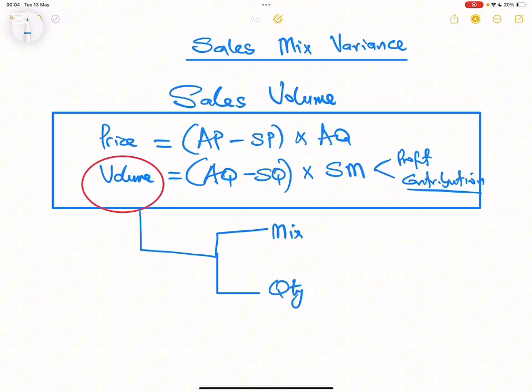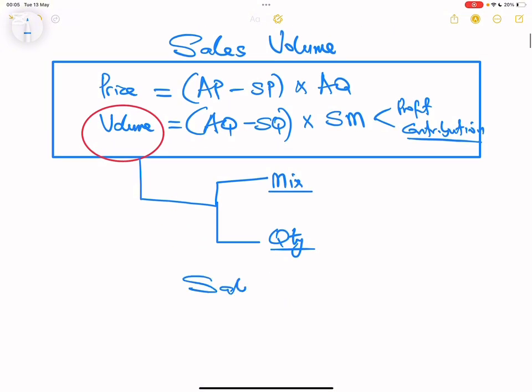So this quantity variance is the same thing as what we used to call the yield variance when we looked at the material usage further analysis. Yeah, it's the same approach, the same formula, it's just a different name. So let me take the sales mix quickly.